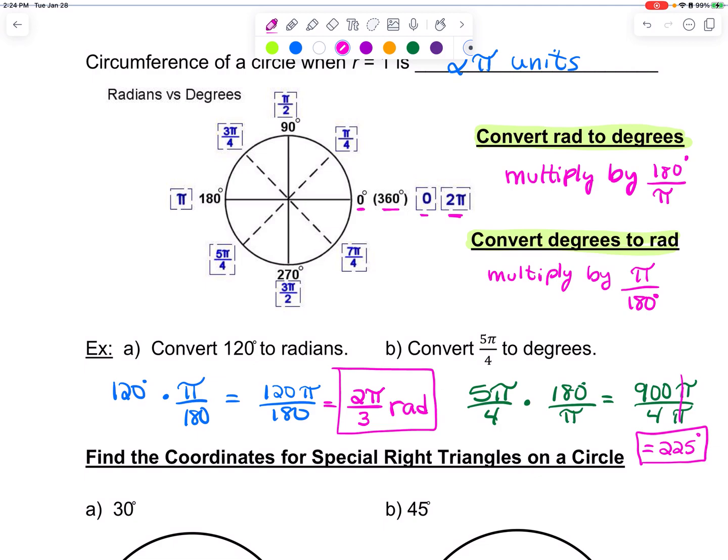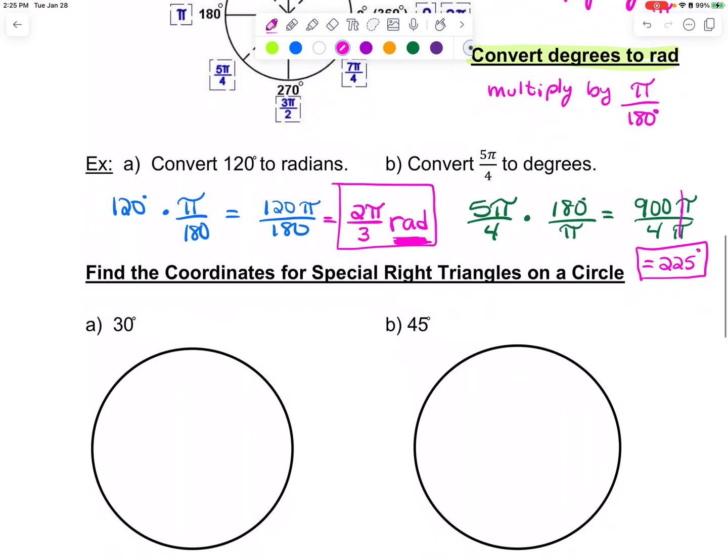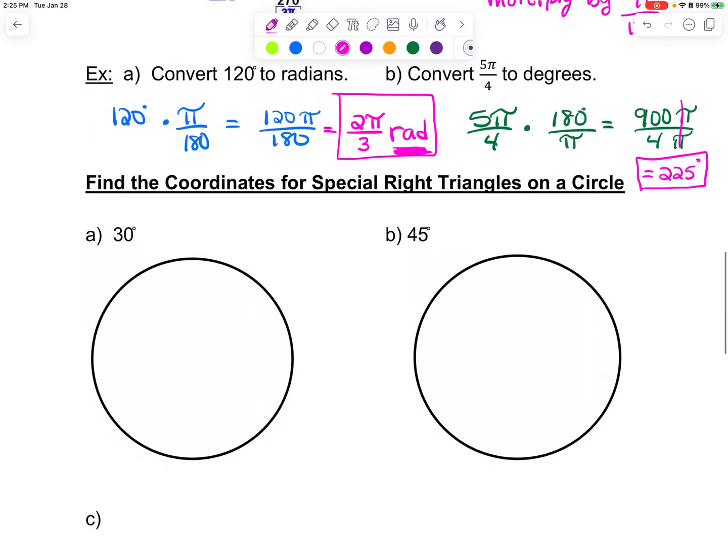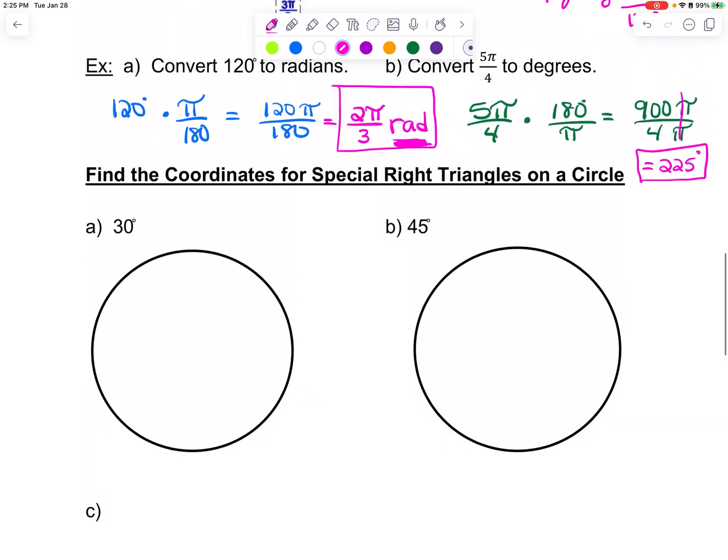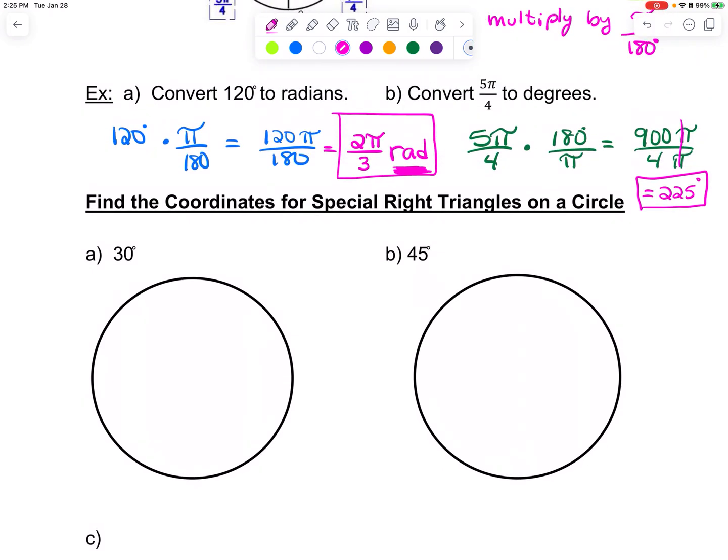Please don't forget when you're writing in radians, you need the little RAD at the end. We'll talk about these two circles next week. Think about it though.